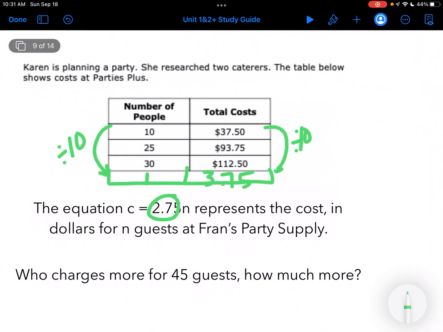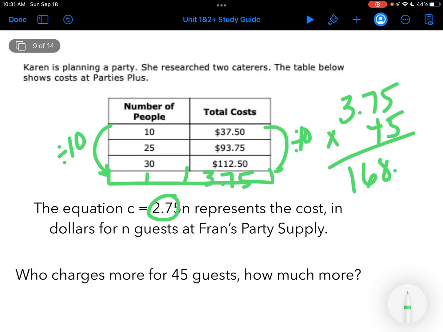So for 45 guests, I'm going to do $3.75 times 45. So I'm going to do that in my calculator because I don't want to waste my time doing multiplication. I get 168.75. And then the other one is 2.75 times 45.